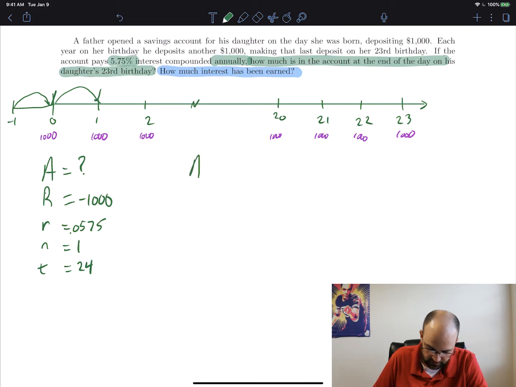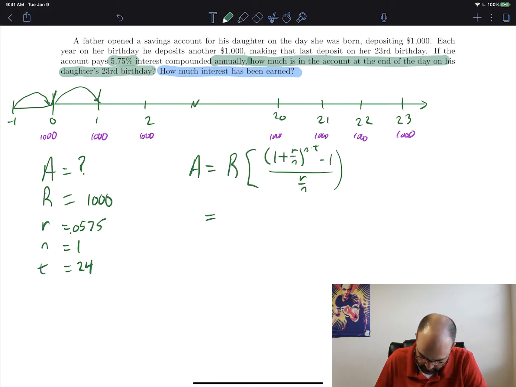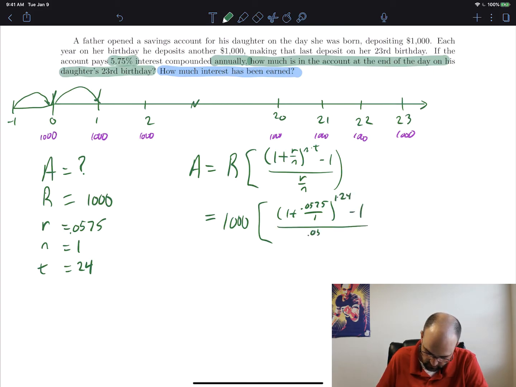Okay, so again, the formula is just this. And then just type everything in. So it'd be 1,000, times the quantity 1 plus 0.0575 over 1, all to the 1 times 24, then minus 1, all over 0.0575 over 1.